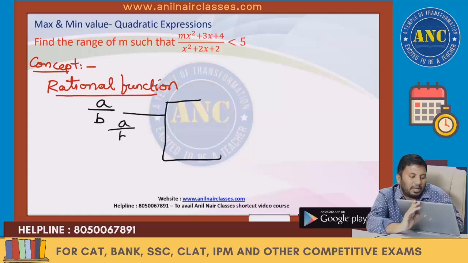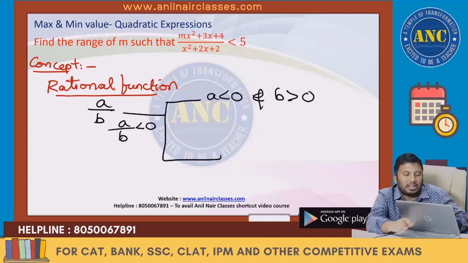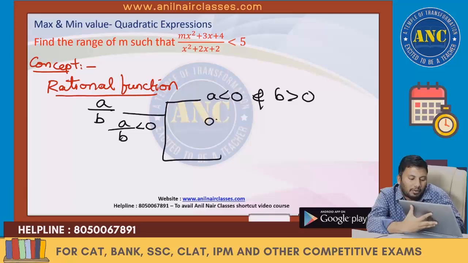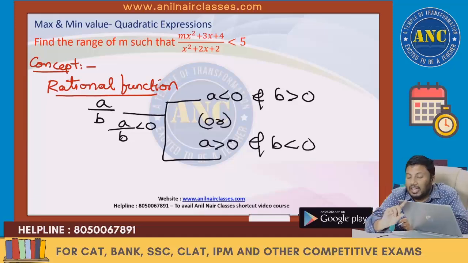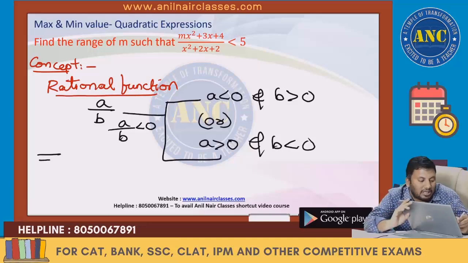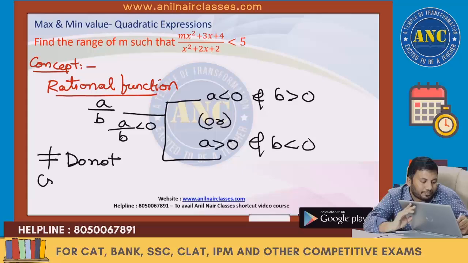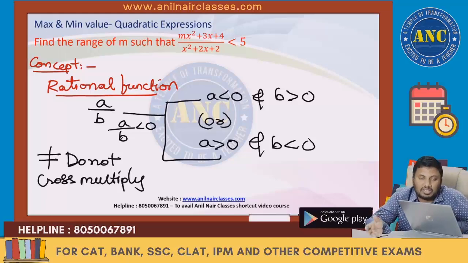If A by B is less than 0, A can be less than 0 and B greater than 0, or A can be greater than 0 and B less than 0. Directly you cannot cross multiply. Please do not cross multiply.